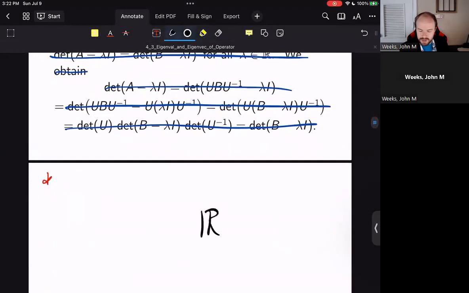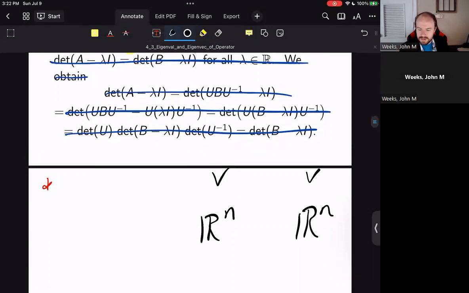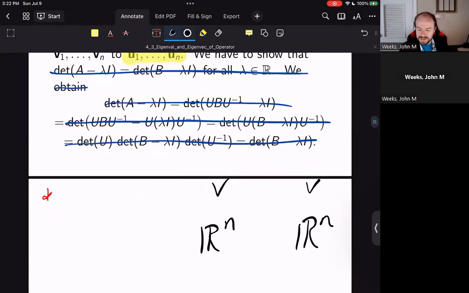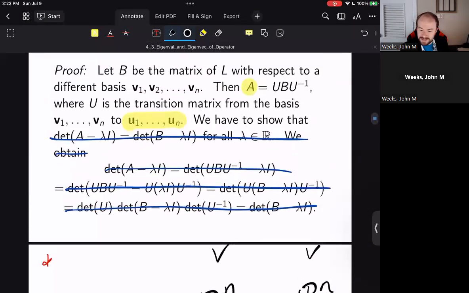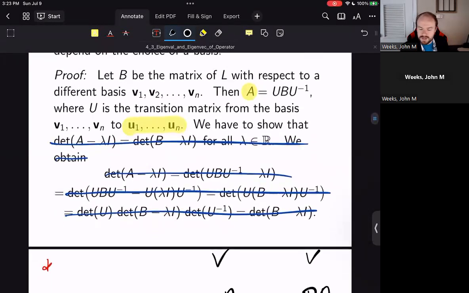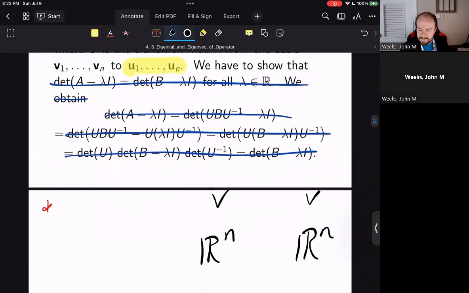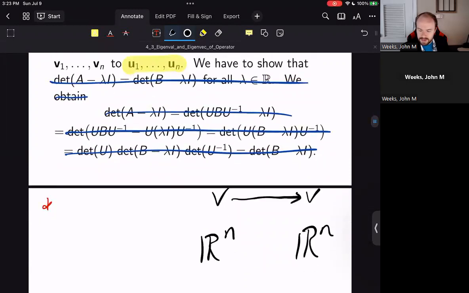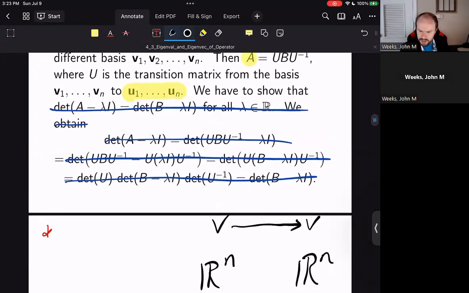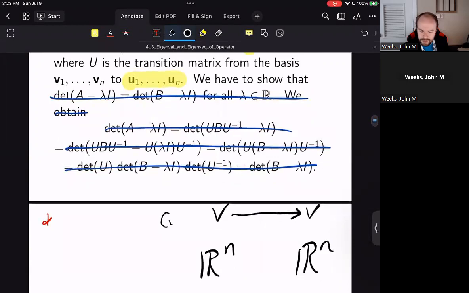We had our picture Rn, Rn, V, and V. This time we are just translating between two different bases, going from U1 to Un and V1 to Vn. So here is our matrix going from, let's say, V1 through Vn up here.